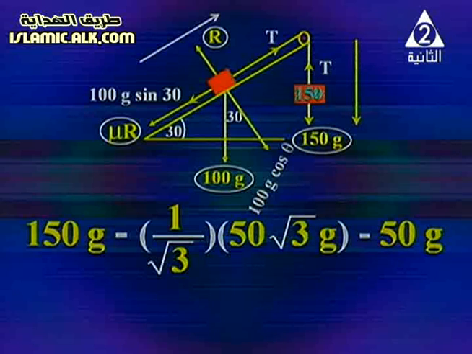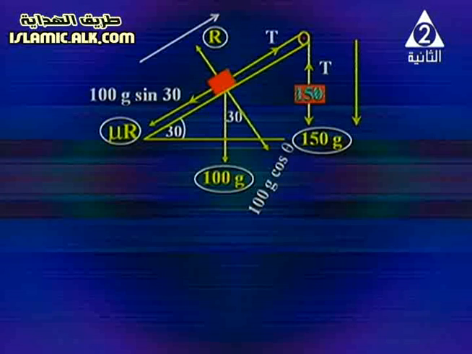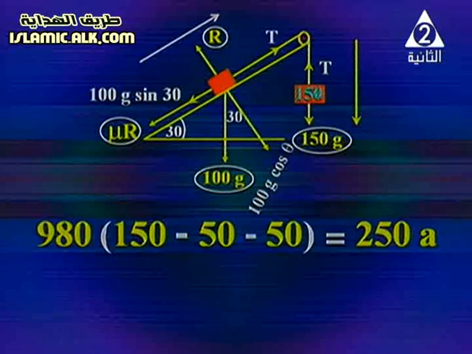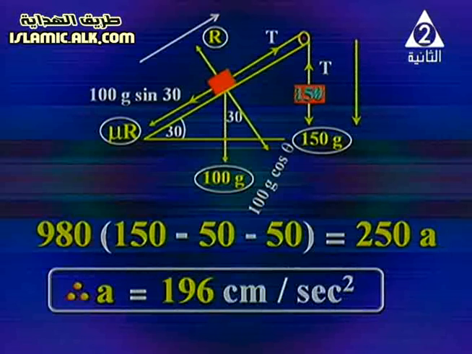By substitution, then 150 g minus 1 over root 3 multiplied by 50 root 3 g minus 50 g equals 250 a. Then find the value of a by substitution about g 980. Then acceleration is 196 centimeter per second square.